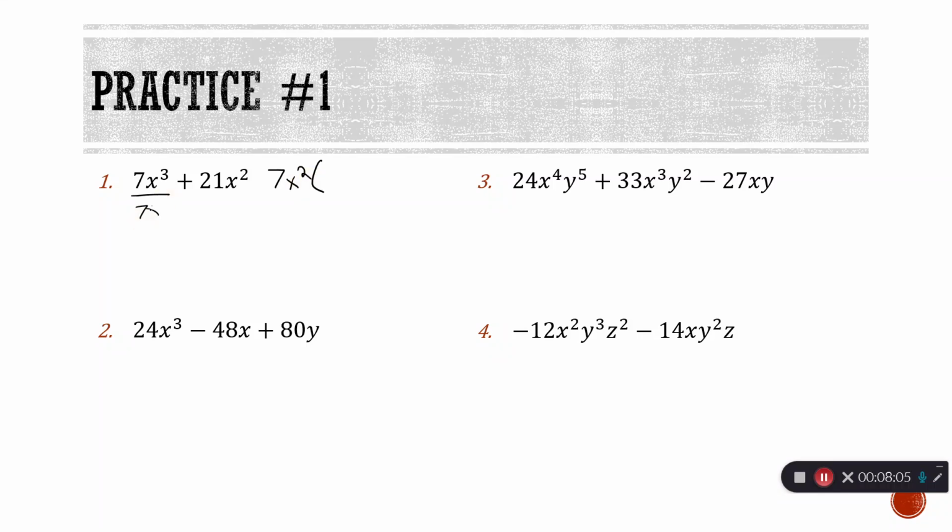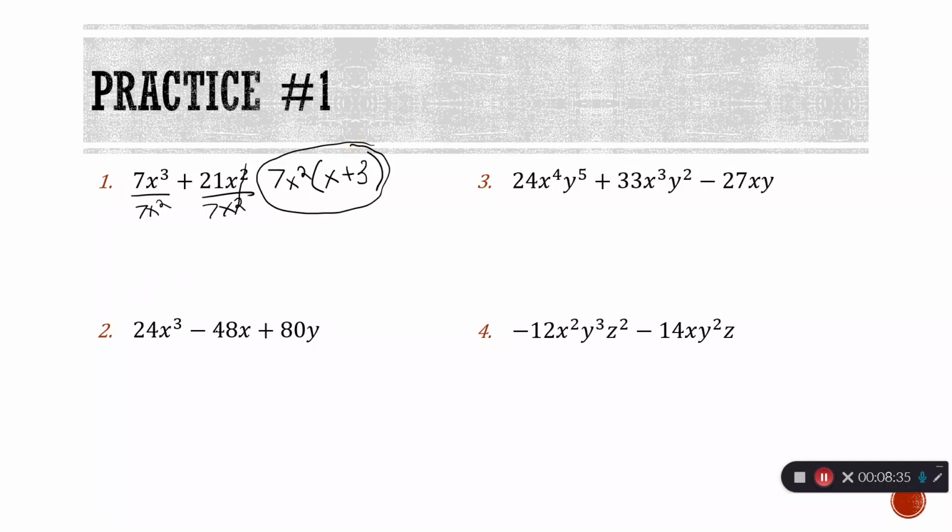Okay, so 7x squared, 7x squared. 7 divided by 7 is 1, so that's gone. And x, because we don't need to write a 1 coefficient, x to the third divided by x second is x. 21 divided by 7 is 3, and those x's cancel. So this is our answer.